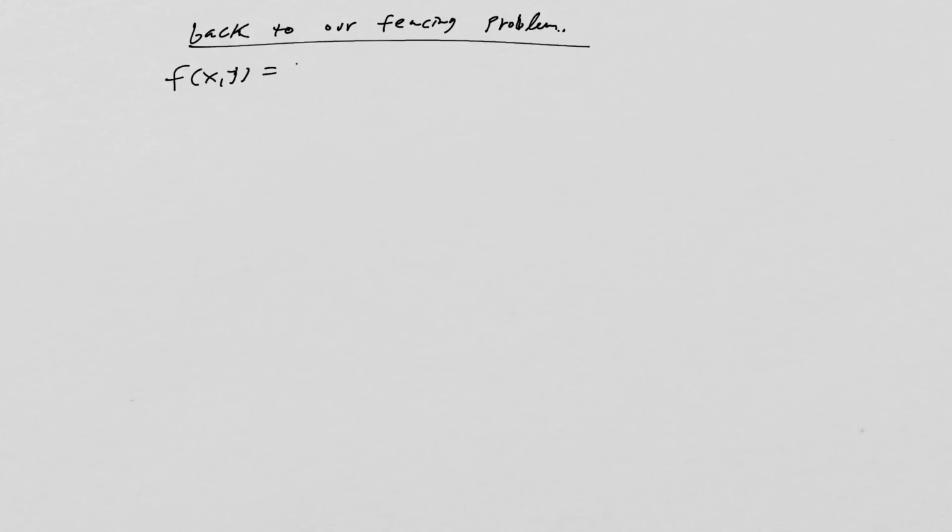Let's go back to our fencing problem. Again, we had f of x comma y is equal to x times y, and our constraint was 2y plus x is equal to 1,000. So what we'll do is take grad f.